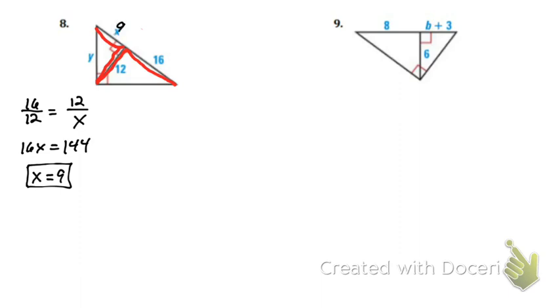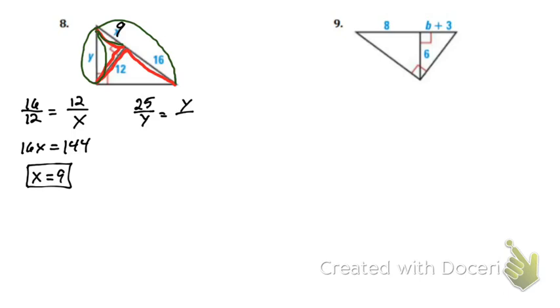So now we know this x value. Instead of x, we're going to put 9 in its place. Now when I do my bunny ear method, let's do bunny ear in green. We're going to go all the way across this, which is 9 plus 16, which is 25. Now we go up y, so it's over y, equals y, because we go back down y, and then we go over to that 9.